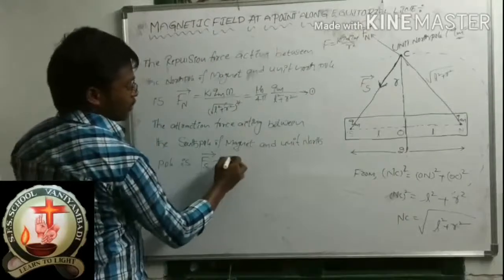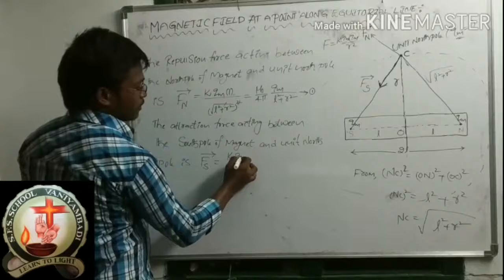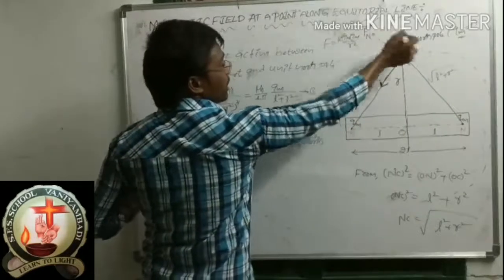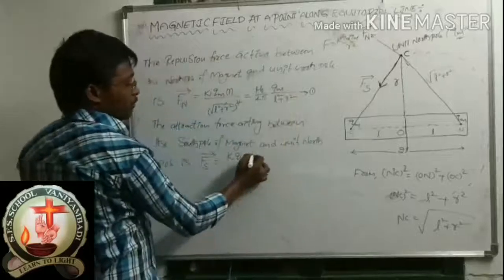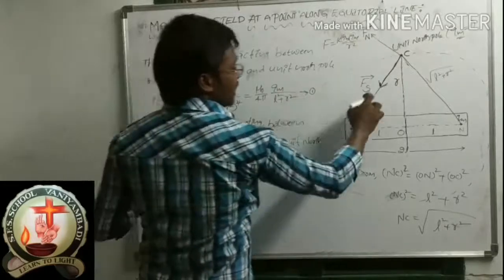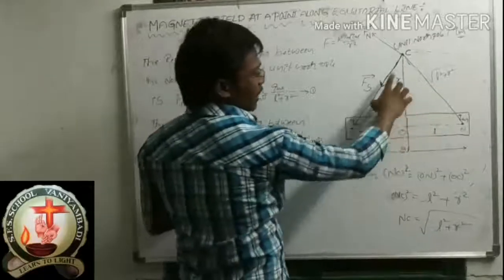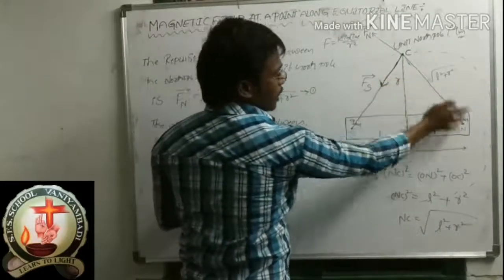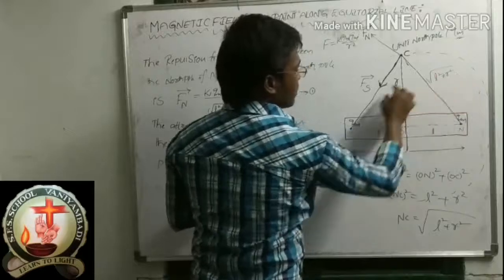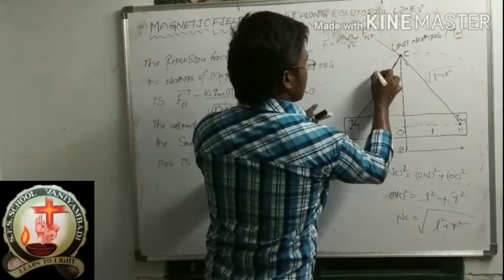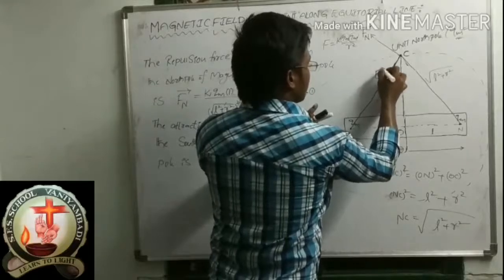F is equal to K. What is this pole strength? Qm. Here what is the pole strength? 1. So in the place of Qm, you should substitute 1 by, what is the distance here? Here to here, how much distance is there? Here to here also same, no? Under root L square plus R square. So here also under root L square plus R square. This is the Fs bar.